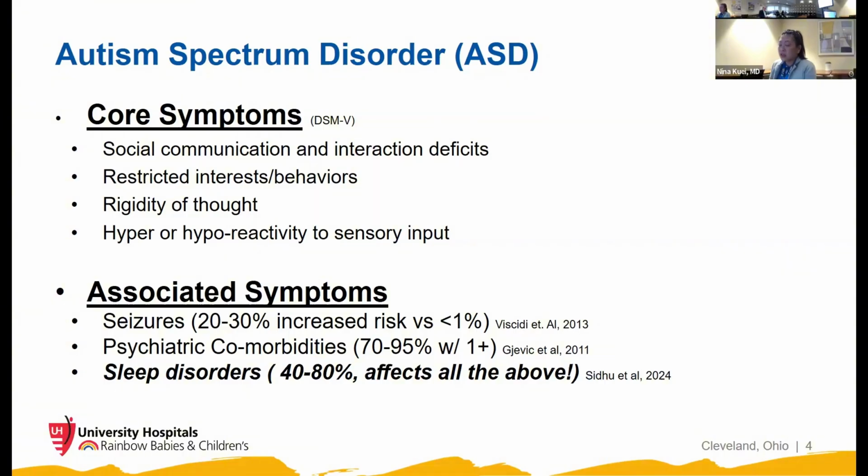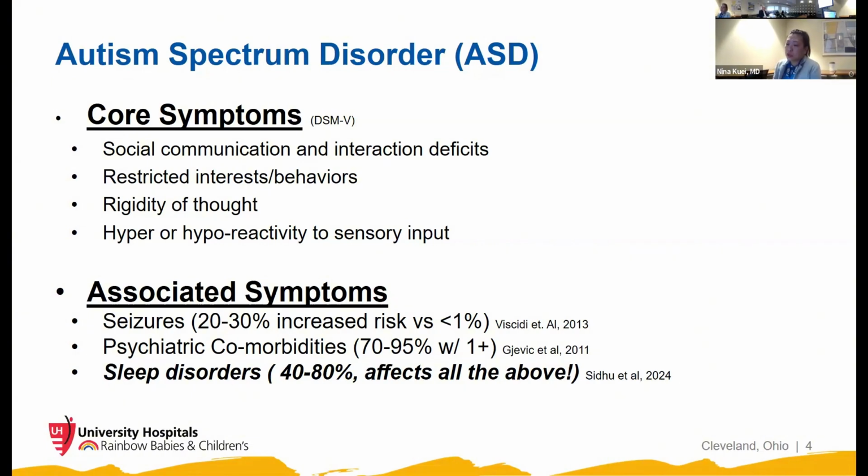But overwhelmingly in the autism population, 70 to 95% of individuals have at least one psychiatric comorbidity. As you increase the comorbidities, that number does go down a little bit, but even when you look at 3 or more mood disorders, we're looking at 24% of the population, so 1 out of every 4.